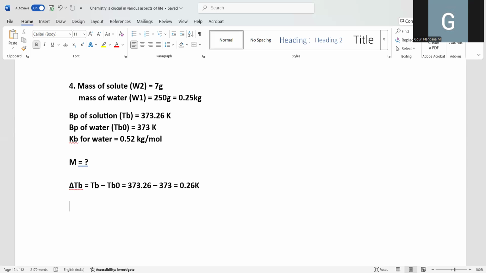Now we need to use this delta TB. We already derived an equation, right? Delta TB is equal to KB into m. So 0.26 is equal to 0.52 into m.